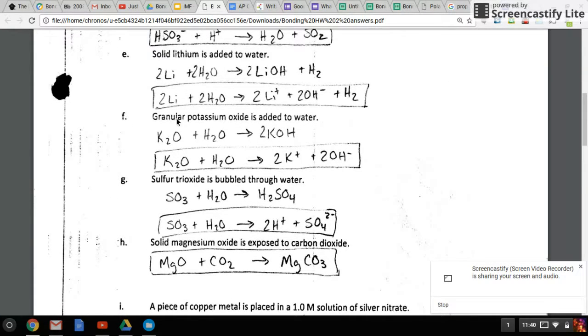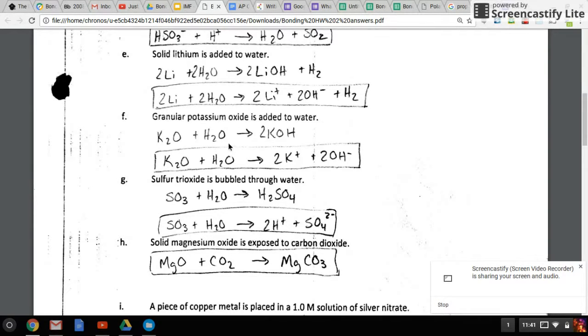Similar situation here, we've got potassium oxide added to water. Reactions with water are some that we are trying to memorize, so it's in our reactions to know part. This is going to result in just a base, no hydrogen gas like the previous problem. Granular potassium oxide means it is a solid.